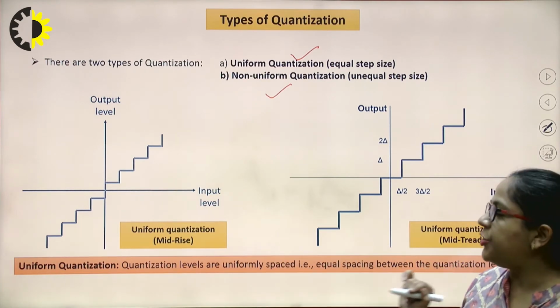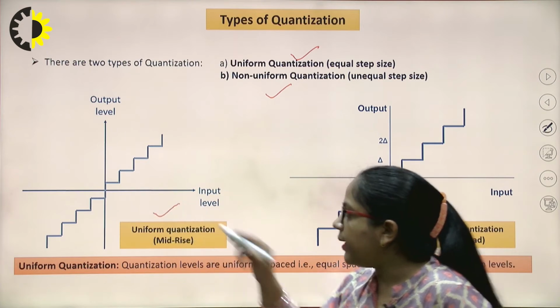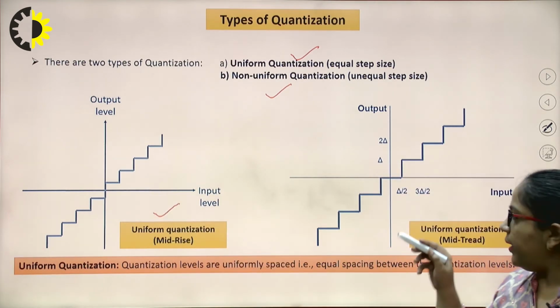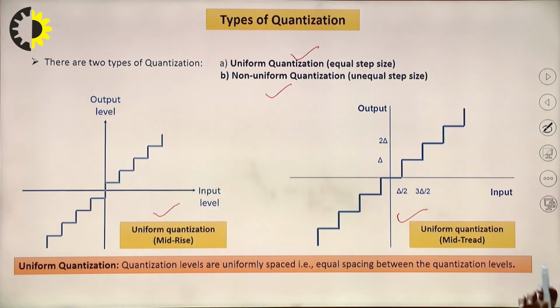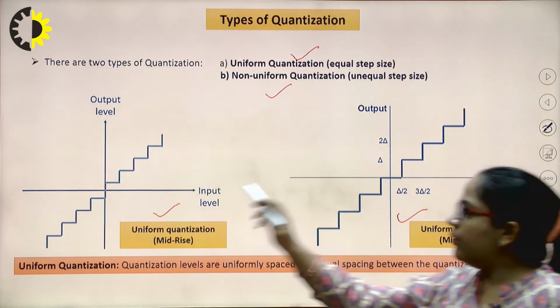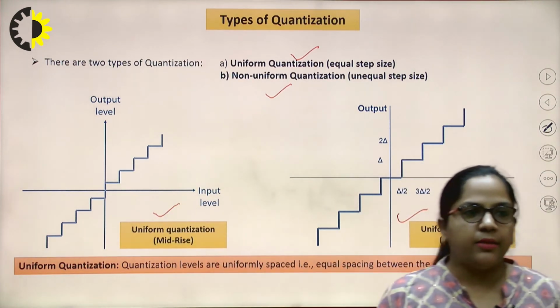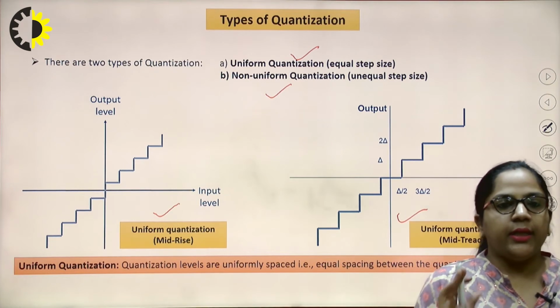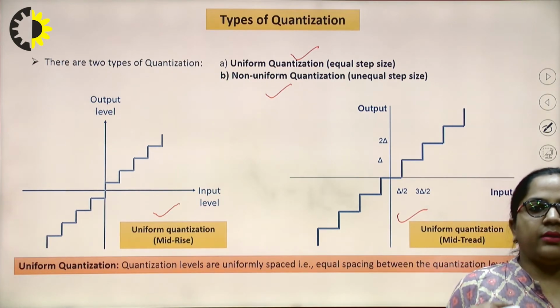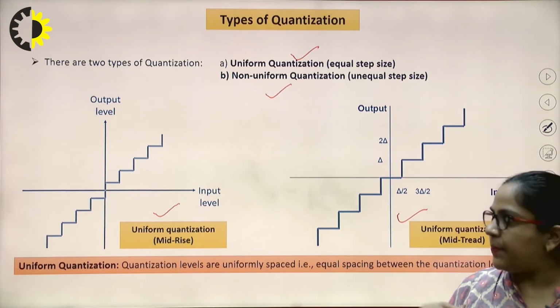In uniform quantization, we can have a mid-rise uniform quantizer, or a mid-tread uniform quantizer. What are these? First of all, uniform quantization is the quantization where the levels are uniformly spaced.